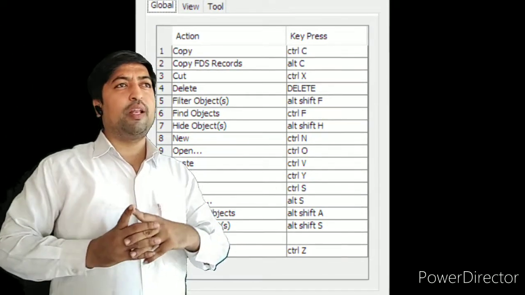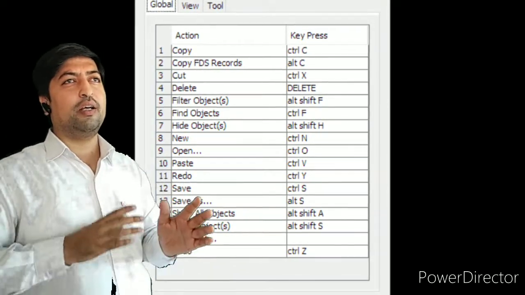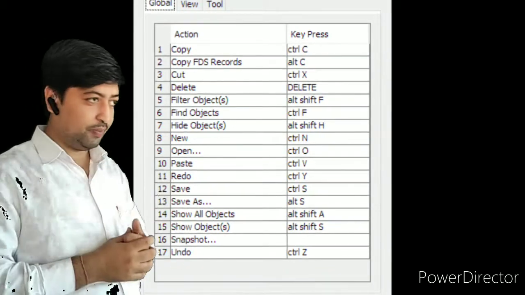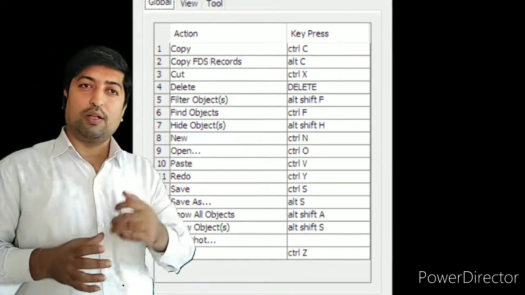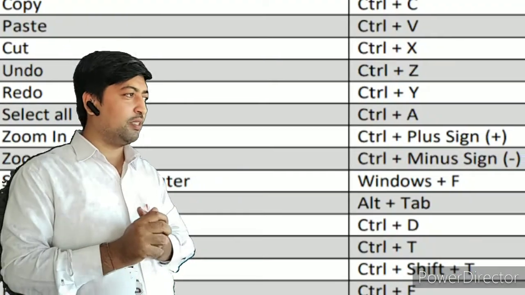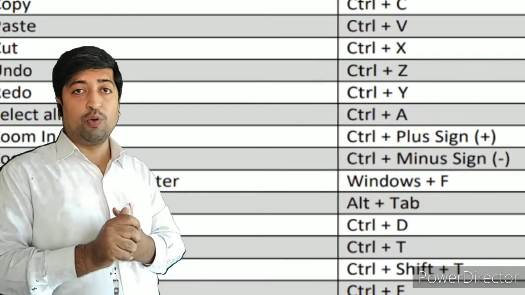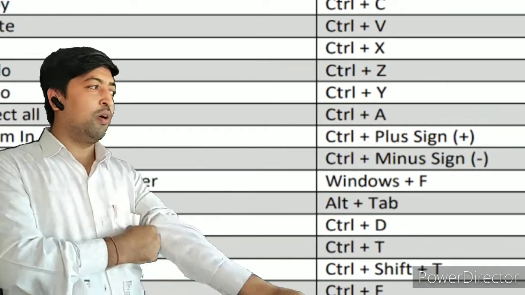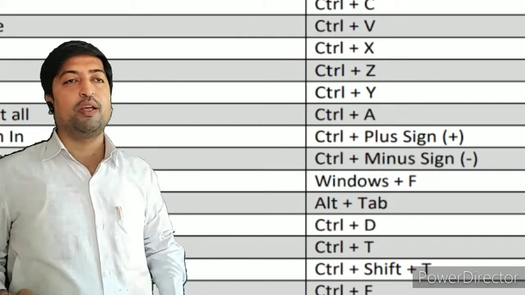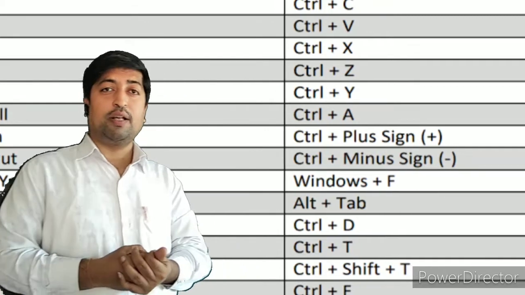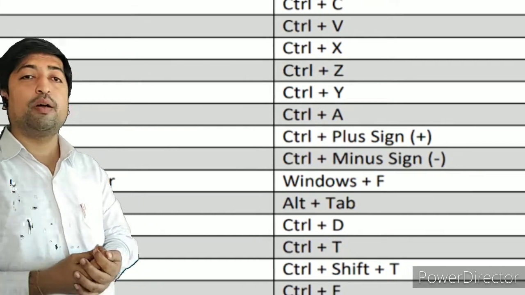F1 to F12 are the functional keys mostly used in different software with different uses. While doing your regular operations or regular work, you can easily handle your computer with the help of functional keys.